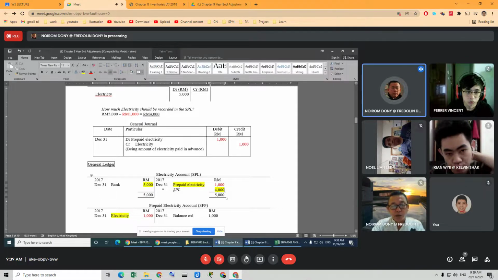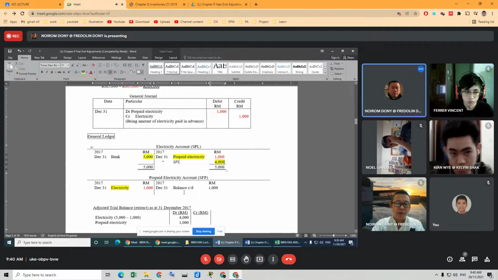We only transfer to SPL the expenses for the current year, because 1,000 is for the following year. So that's why we do this adjustment. We only take 4,000 and put it to SPL. So complete the double entry.